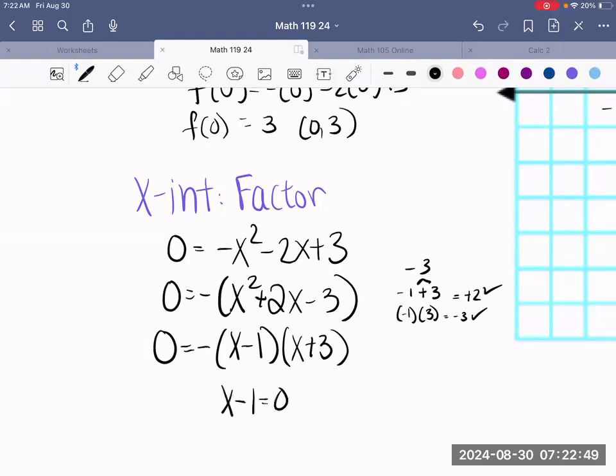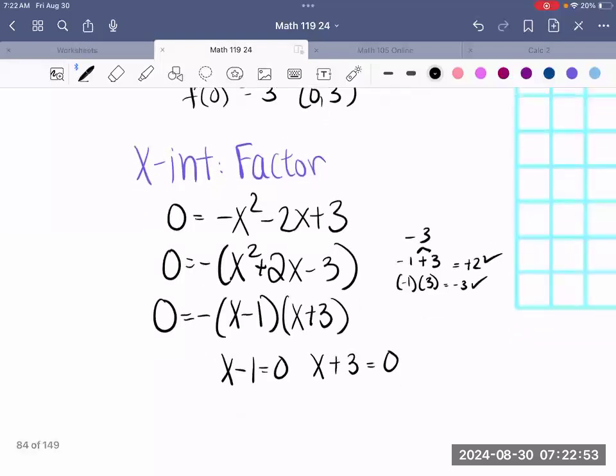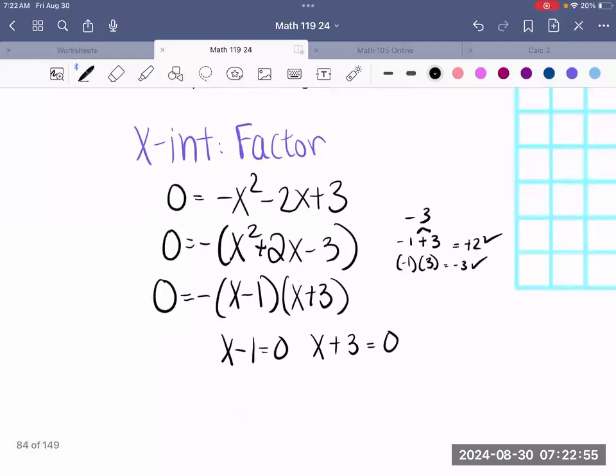So these being your fully factored form, we can ignore that negative on the outside, and instead, let's go ahead and set both of these equal to 0. So we set it equal to 0, as we did from chapter 8.1. And then we have x is equal to 1 and x is equal to -3. So this being the point 1 comma 0 and this being the point -3 comma 0.